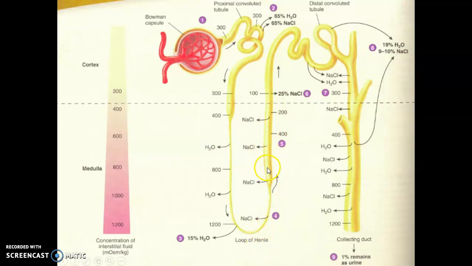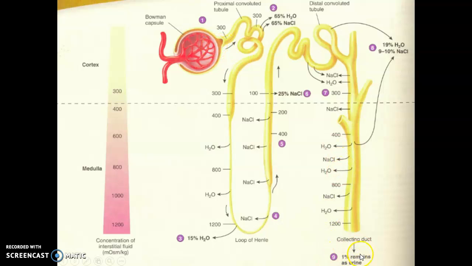Ascending limb of the loop of Henle is impermeable to water, yet by active transport, 25% of sodium chloride is put back in blood. So it's 90% of your sodium chloride from the filtrate put back in the blood. You need that. Distal convoluted tubule and collecting duct put 19% of the water back in. That equals 99% of the original filtrate of water put back in the blood.